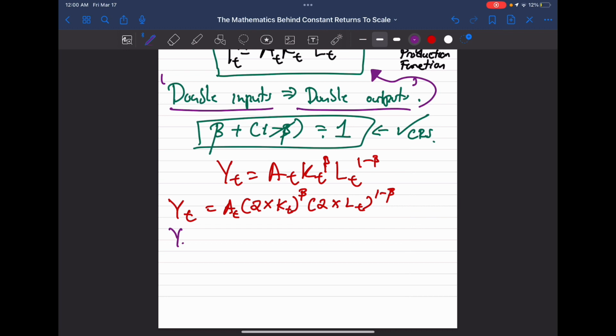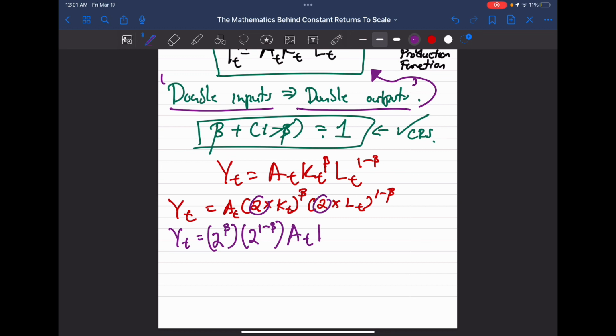Let's see. In this case, we could bring the 2 up front. So we have 2 to the power of beta, don't forget the powers here, multiplied by 2 to the power of 1 minus beta. So we got that. Multiplied by the rest remaining. So that's A_t here.